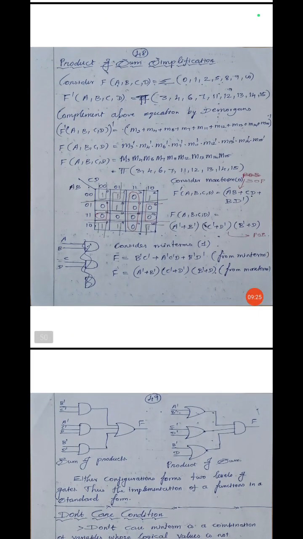What is product of sum? If the function has summation, that is a sum of product. If the function has pi, then it is a product of sum. If it is product of sum, you have to put zeros in the K map. If it is sum of product, you have to put 1s in the K map and group.